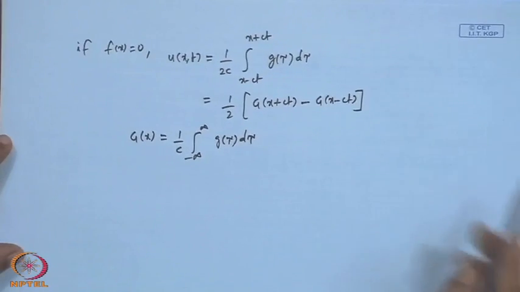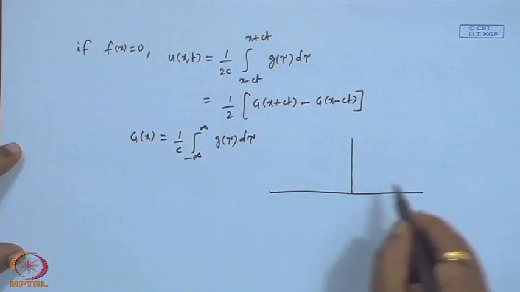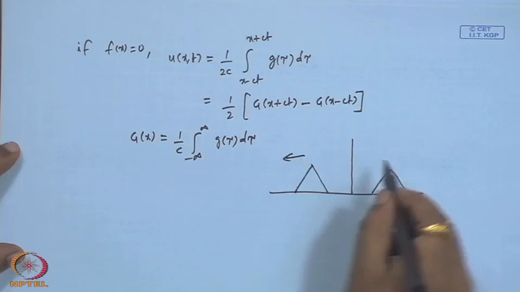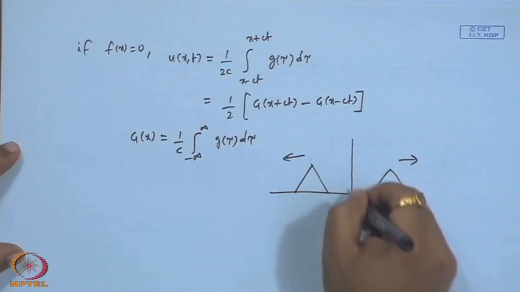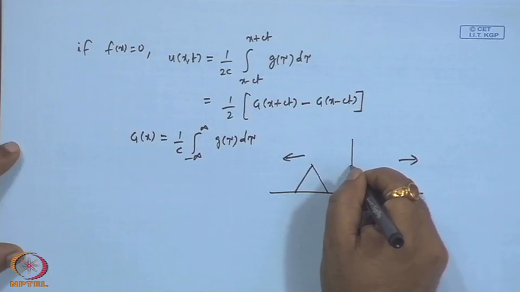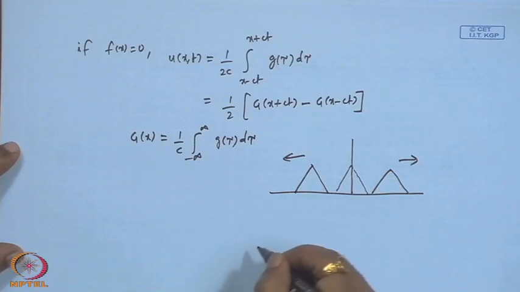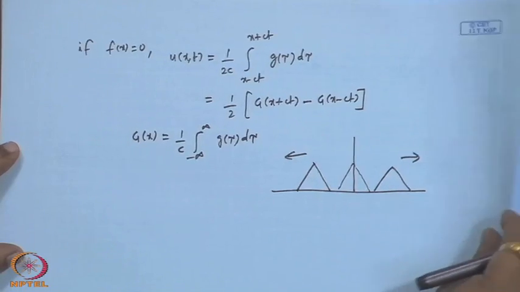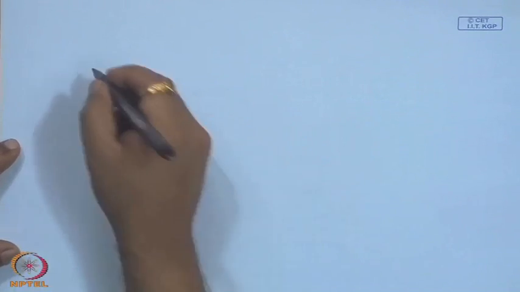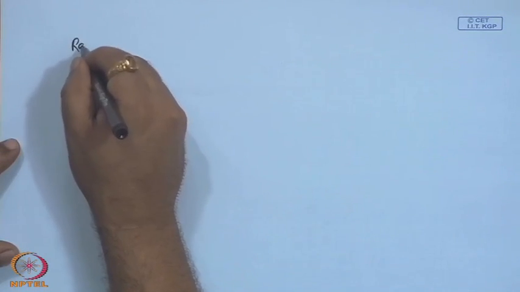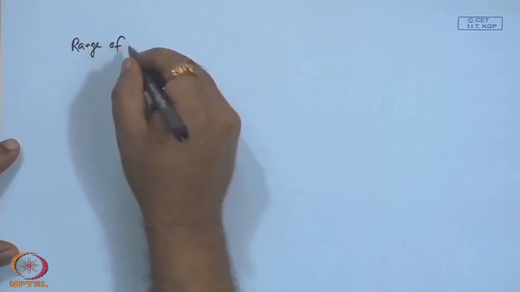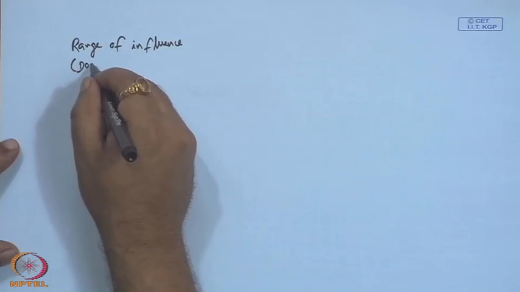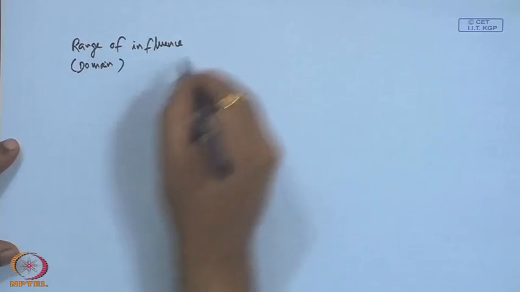Now when you see, the waves are passing one to the left and one to the right. Initially, this point has been displaced to the maximum extent. Now it is useful to understand something called range of influence, sometimes domain of influence.